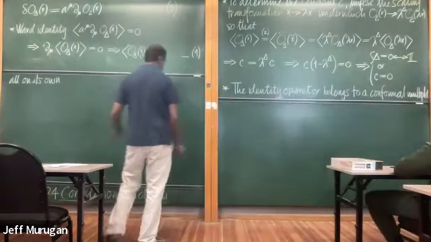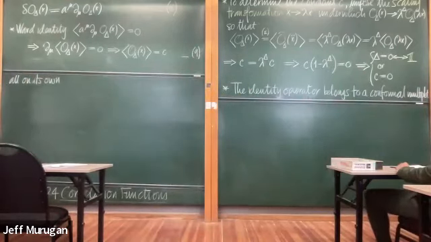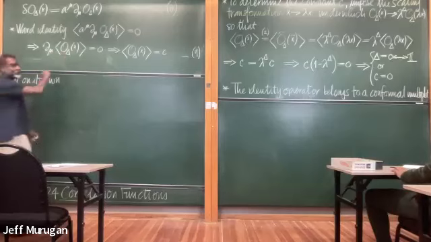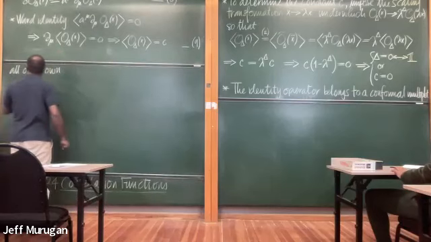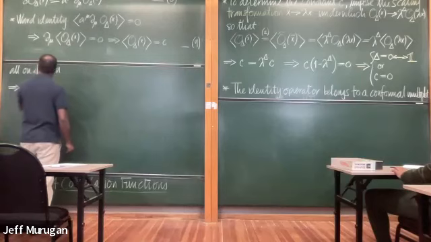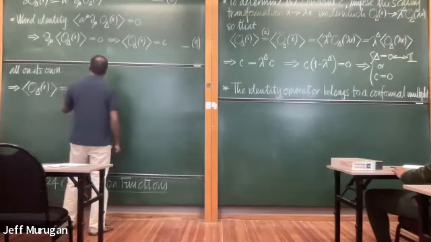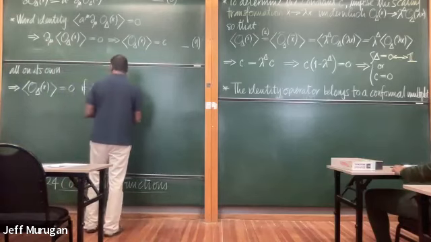However, this sad story aside, that this guy lives in his family all by itself, what we have found in this statement is that if delta is not equal to 0, then the 1-point function must equal 0.